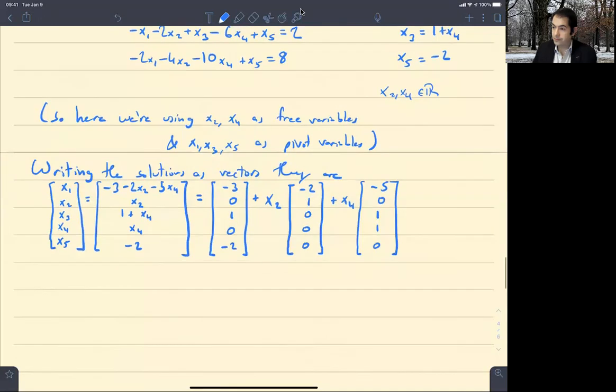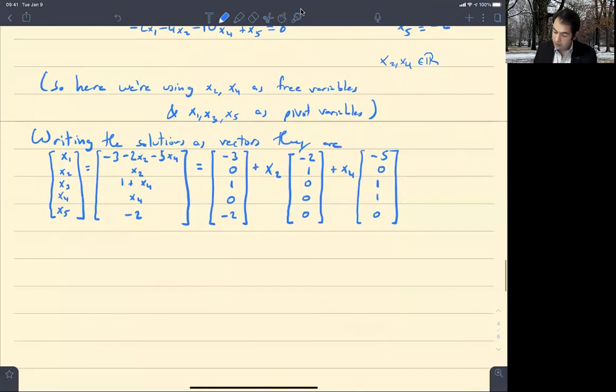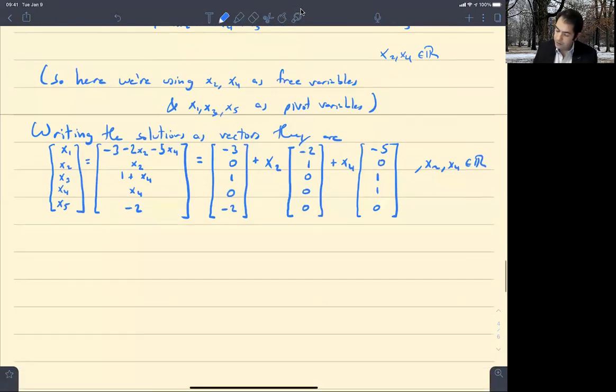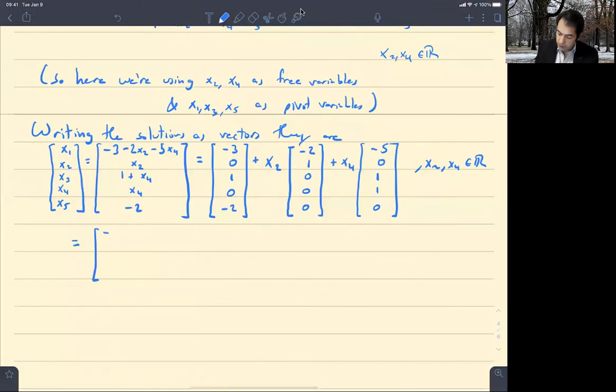Okay. So here, x2, x4 are arbitrary real numbers. So we recognize this as this vector, (-3, 0, 1, 0, -2), plus the span of these two vectors.